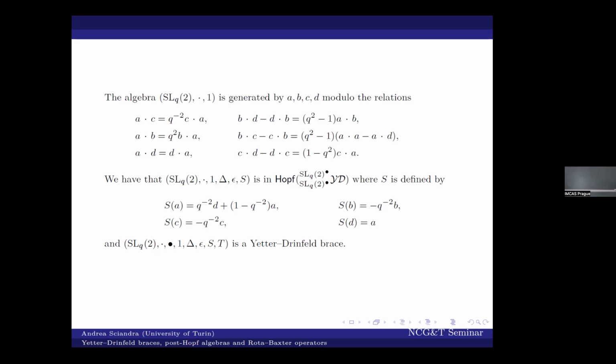That's a nice question. In fact, this is the transmutation. Because when the structure comes from a quasi-triangular structure, the transmutation of the bullet coincides exactly with this.